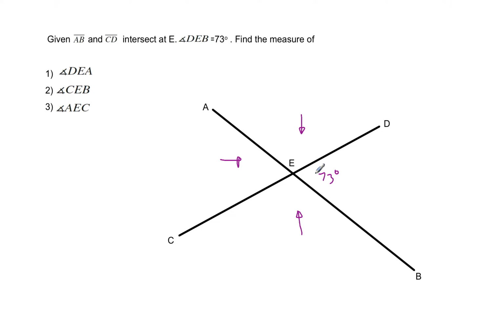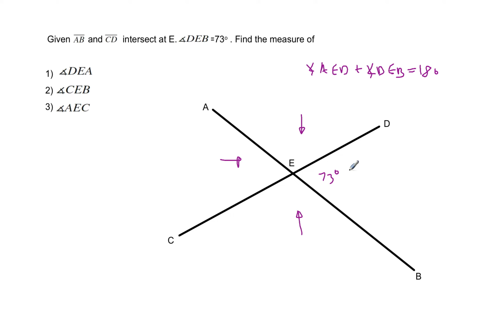So let's see. If DEB is 73 degrees and I have these two intersecting lines, I know that AED plus DEB is equal to 180. In other words, angles AED plus angle DEB are equal to 180. They are angles that form a straight line. They're a linear pair, which means their sum is equal to 180.